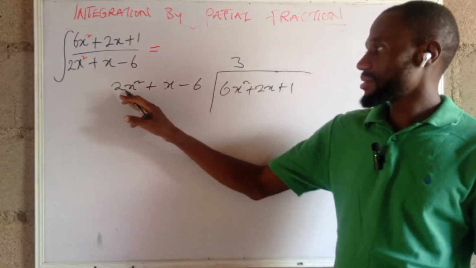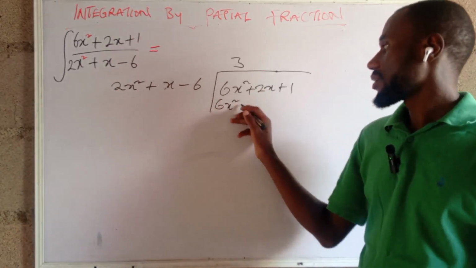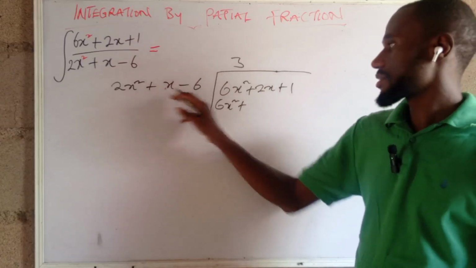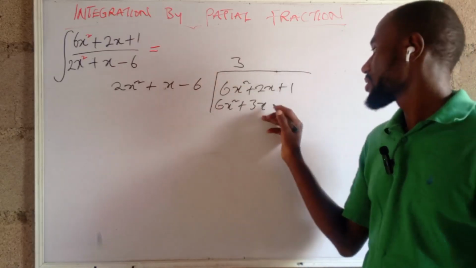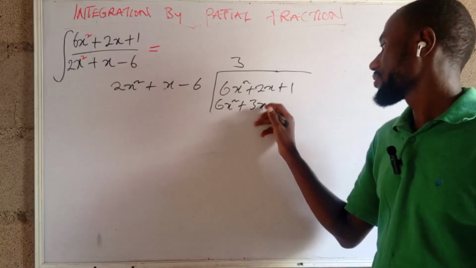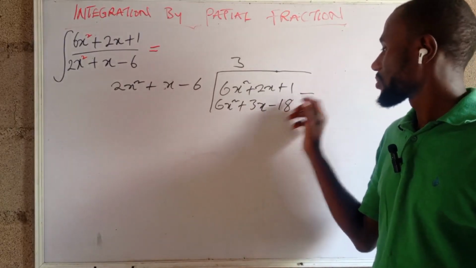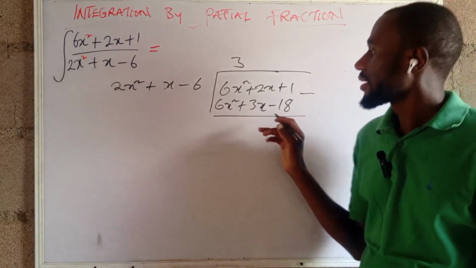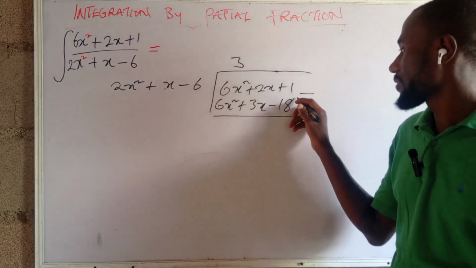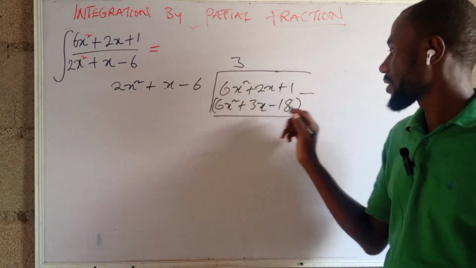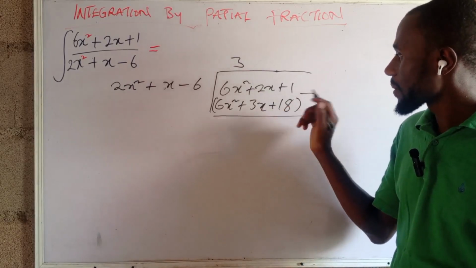We have 3 times 2x squared, here we have 6x squared, plus 3 times x, here we have 3x. We have 3 times minus 6, here we have minus 18. Here we can subtract this equation. We can subtract this by this, let's assume this is in brackets. This minus will make this one become plus.